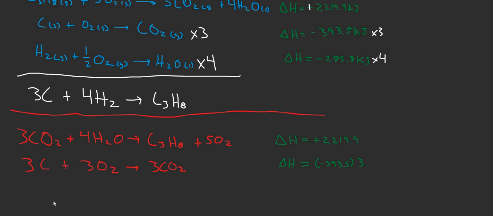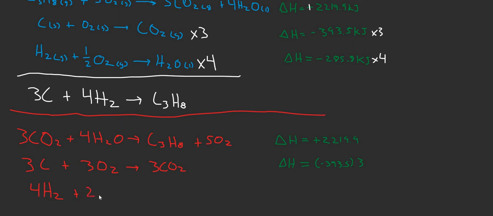And then for our final reaction, we're going to multiply everything by 4. So we started out up here and we multiply everything by 4. So we'll end up with 4H2 plus, so 4 times 1/2 is 4 halves, but a simpler way to write 4 halves would be 2, because 4 halves equals 2.